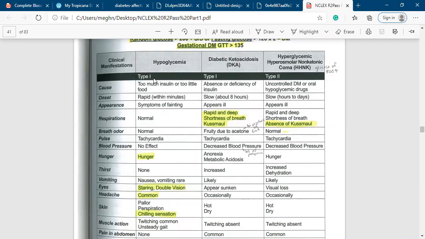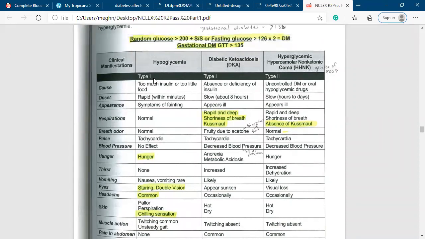So type 1 diabetes mellitus is the destruction of beta cells in the pancreas due to autoimmune dysfunction or exposure to toxin or virus. Sometimes type 1 diabetes is called insulin dependent because it is treated by insulin.